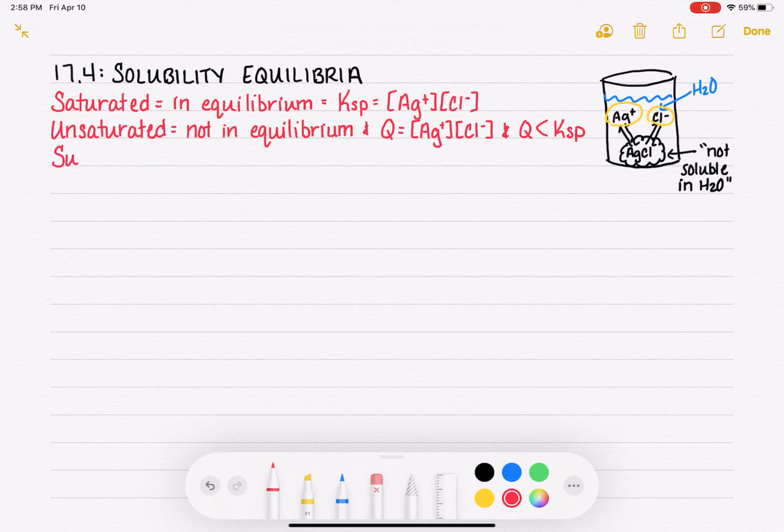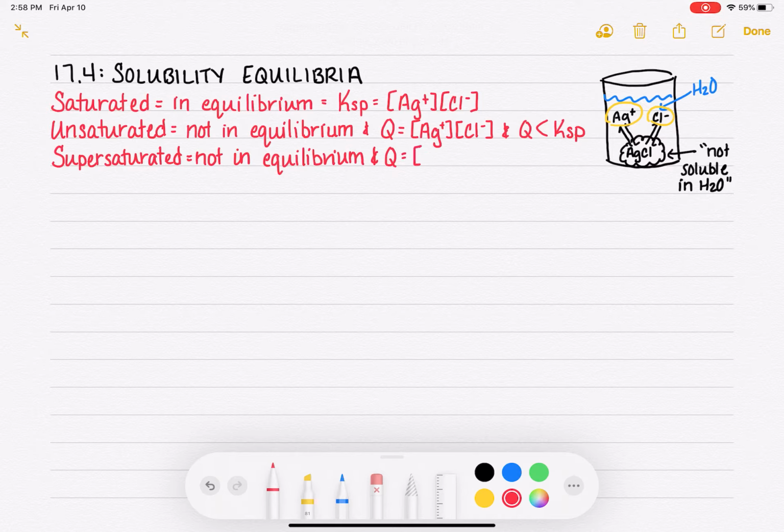And then last but not least, if we have a supersaturated solution, this is where we have too much dissolved. Too much has been dissociated. So it is also not in equilibrium because it's not representing that perfect balance. And because it's not in equilibrium, again, we cannot calculate a Ksp.